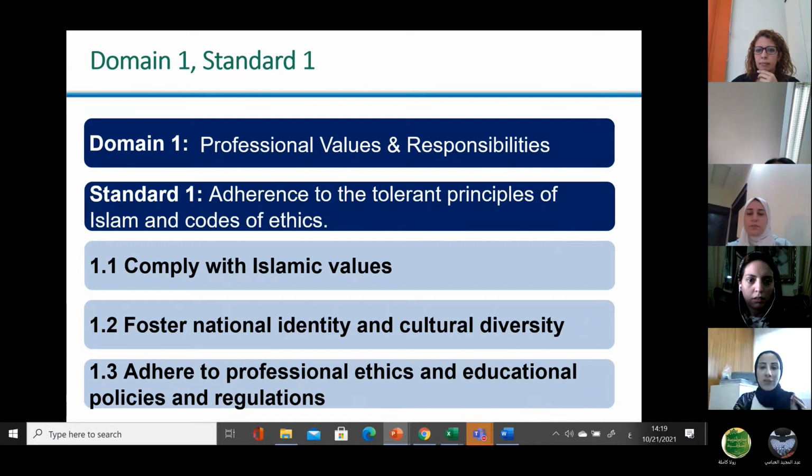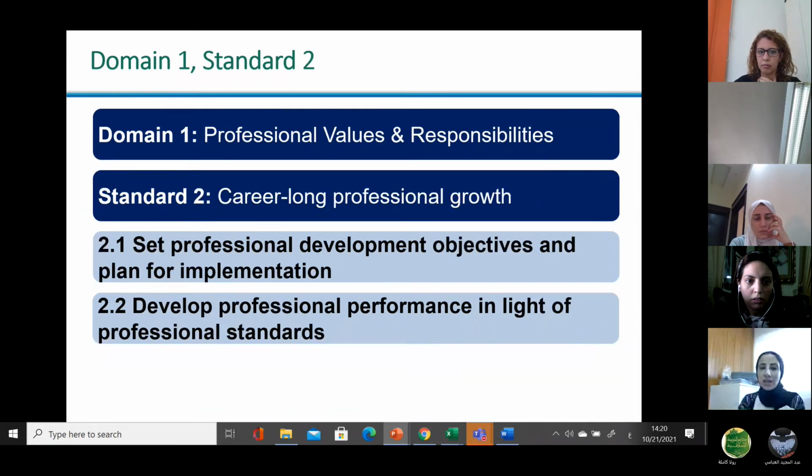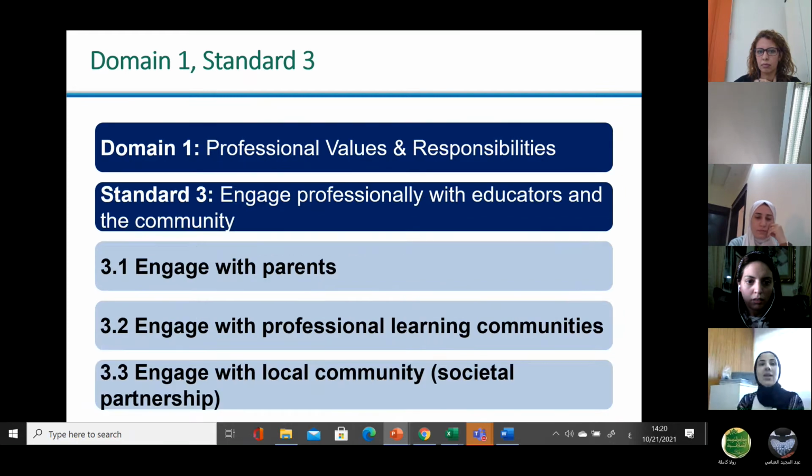In standard 1, I have 3 substandards: complying with Islamic values, fostering the national identity and cultural diversity, and adherence to professional ethics and educational policies and regulation. In standard number 2, as we worked on the example, it talks about setting objectives and developing the performance. In standard number 3, it talks about engaging with parents, the local community and the society.